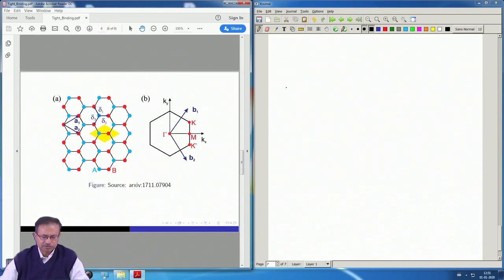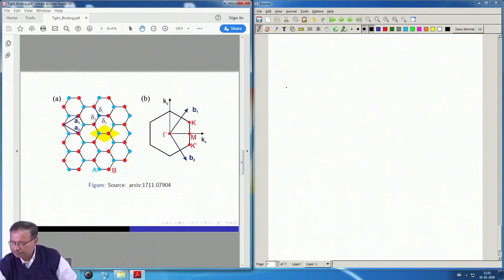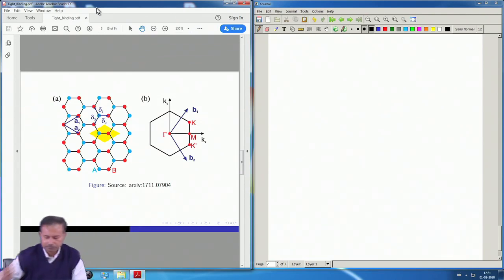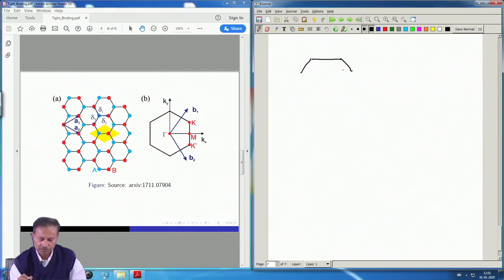So that means we can now take up the case of graphene, for example, and for graphene, let me just draw the graphene unit cell. It is drawn already on the screen, but let me just try to draw it again for my convenience.